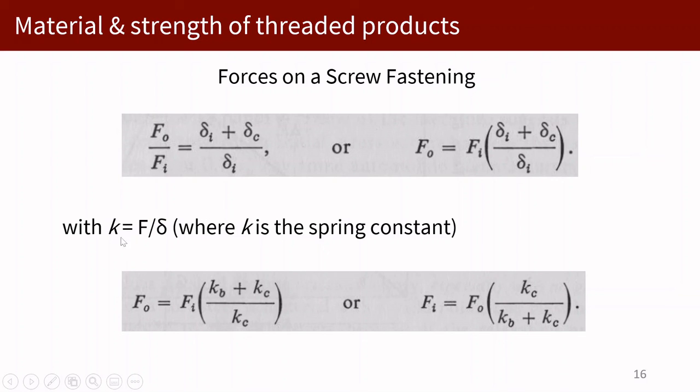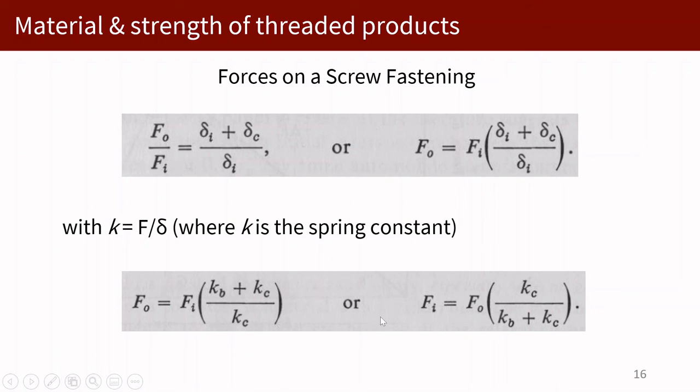So delta is equal to F over K. Okay, so we substitute it into the first equation. From here, simplifying, F sub O equals F sub I times K sub B plus K sub C over K sub C. So these are the spring constants of the bolt and the connected parts.